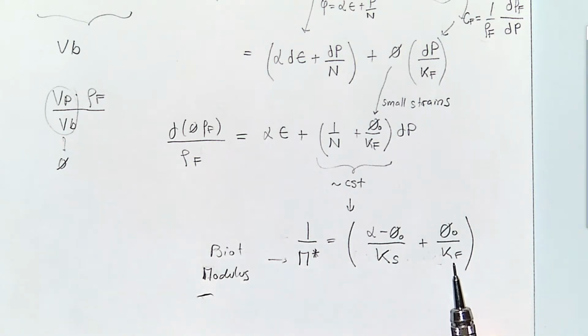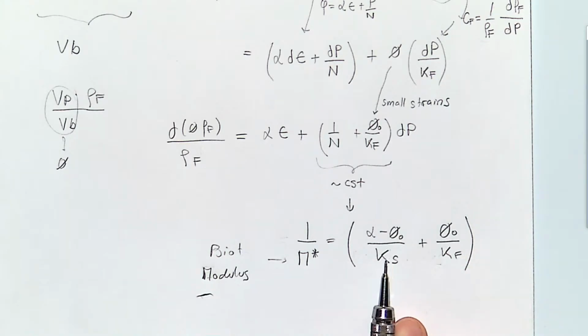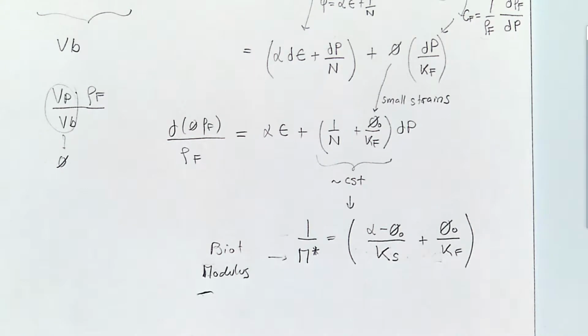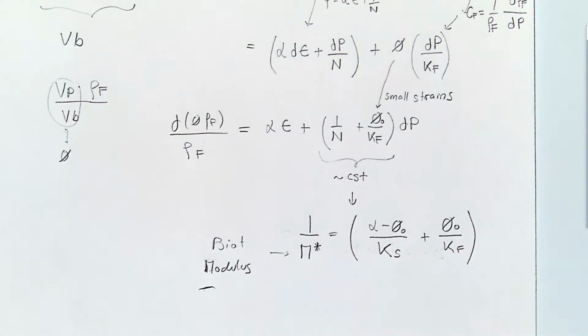And notice that in this summation, this term is sort of weighed by the porosity. And this one is weighed by almost 1 minus porosity, but rigorously it should be the Biot coefficient minus porosity. But if you imagine that this Biot coefficient is close to 1, this is 1 minus porosity divided by Ks, plus porosity divided by Kf. And this is going to be a constant.